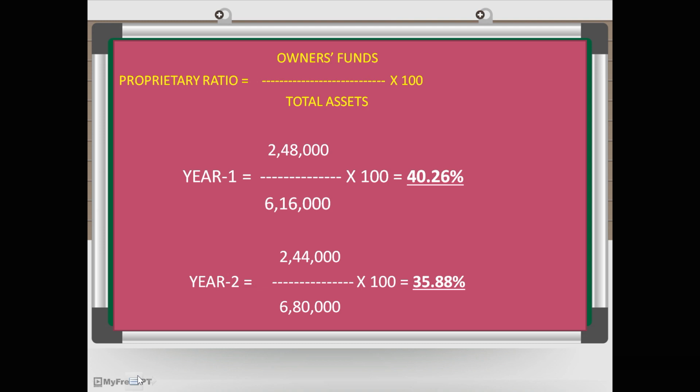And for the second year, 2,44,000 divided by 6,80,000 into 100, and that gives us 35.88%. So this way we have calculated proprietary ratio.